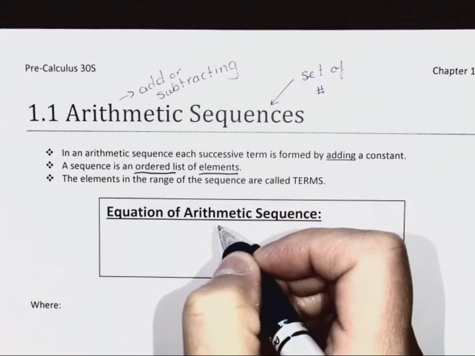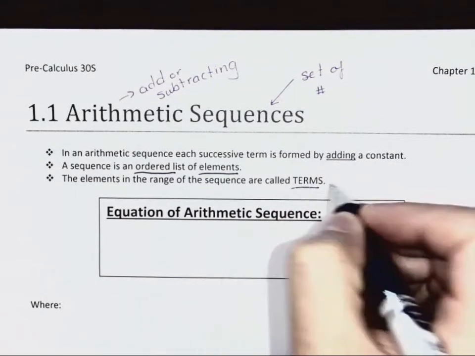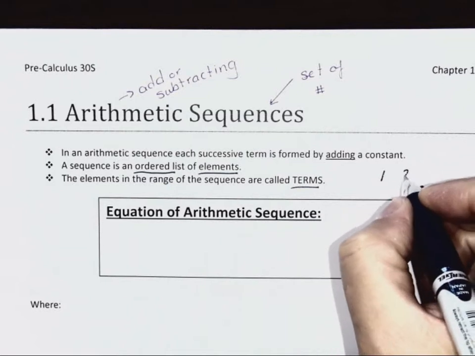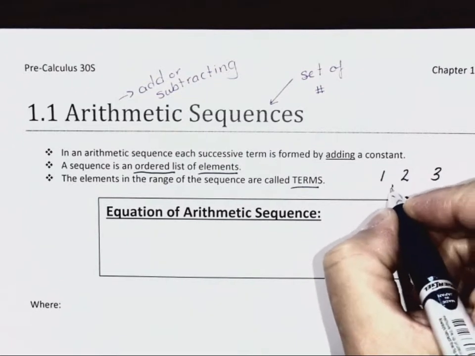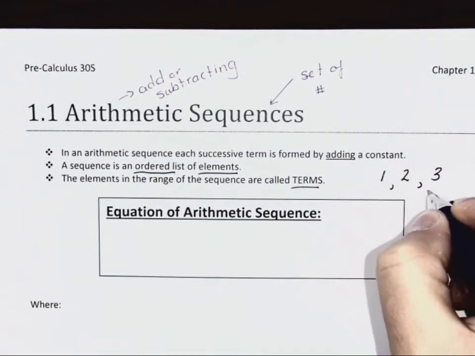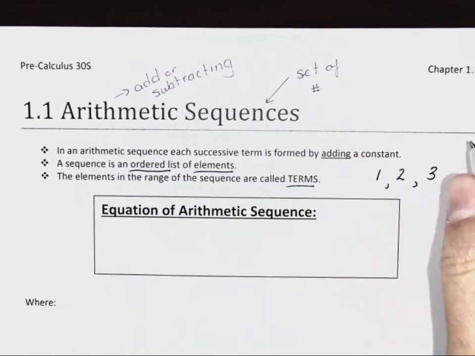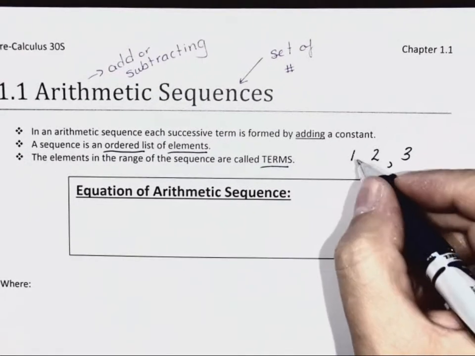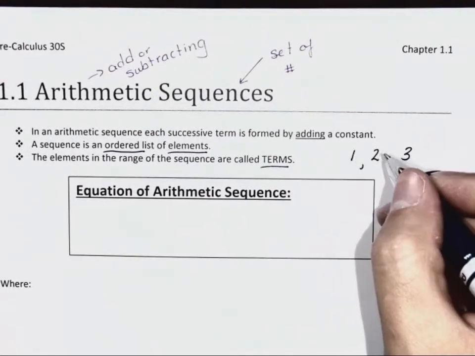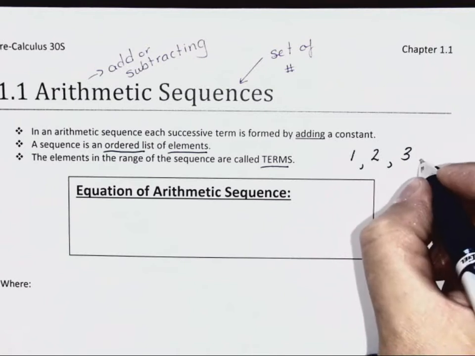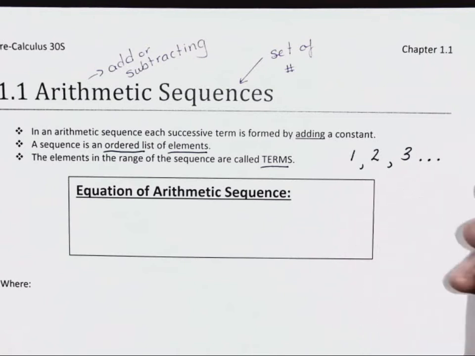The elements in the sequence, we call these things terms. So if I had 1, 2, 3, we separate those by commas to indicate that they go together, but they're not 123. It's the numbers 1, 2, and 3. And I'm going to put an ellipsis at the end of this. An ellipsis is 3 dots, and what that means is it continues on forever.